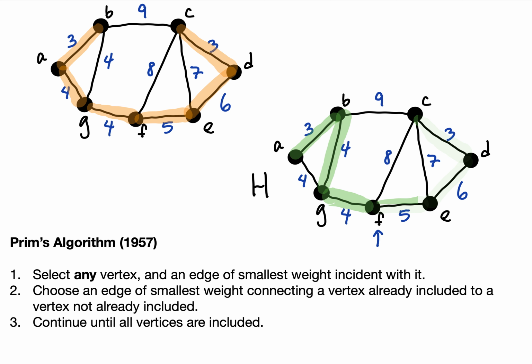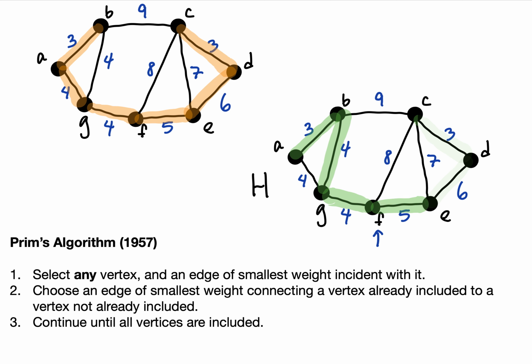Now, AG is not going to be such an edge because both A and G are already included. So let's look around. What's an edge of smallest weight going from a vertex already highlighted to a vertex not already highlighted? Well, FE is the smallest one.